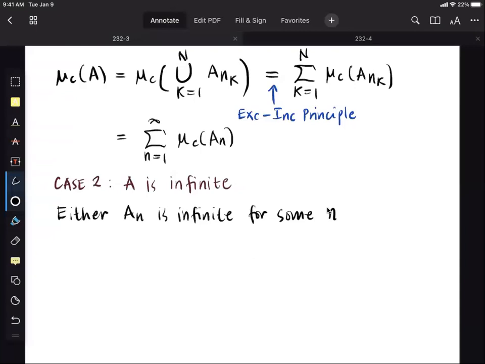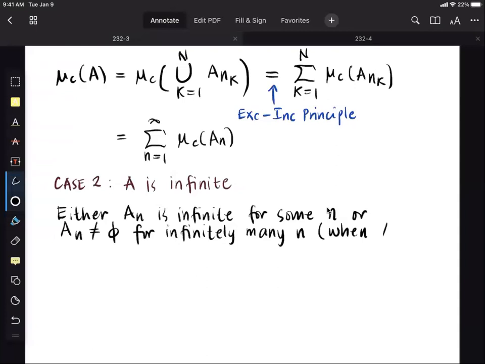Or A sub n is non-empty for infinitely many n. This is when A sub n is finite for all n.